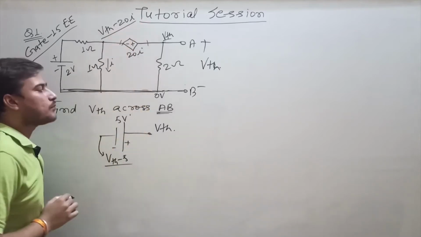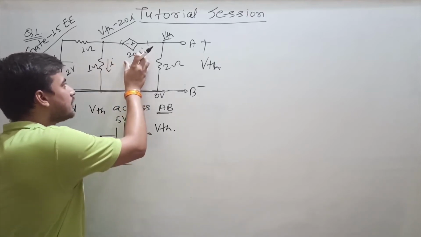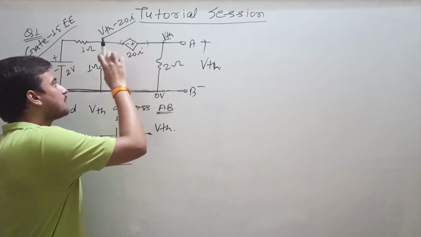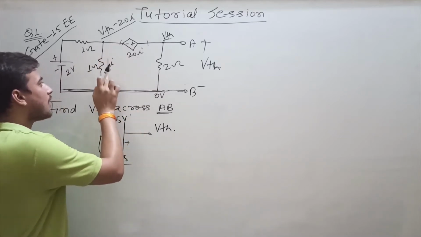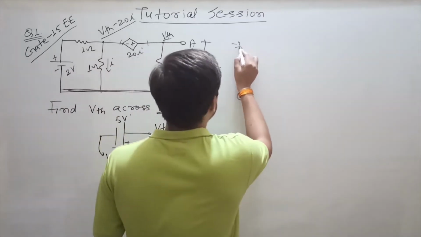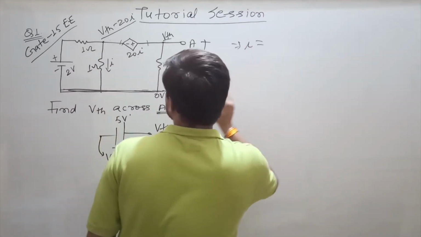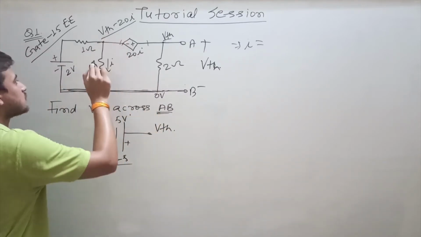Once you have the potential of this point, we have to look at the magnitude of the dependent source. We have to identify the branch on which its magnitude depends. Now we apply Ohm's law in this branch. Current I will be equal to, here potential is 0, here potential is VTH minus 20I.